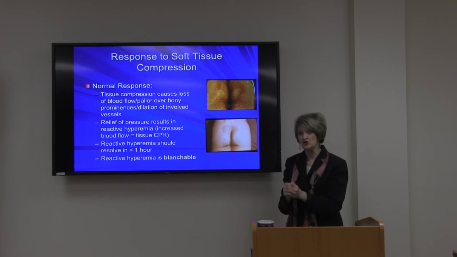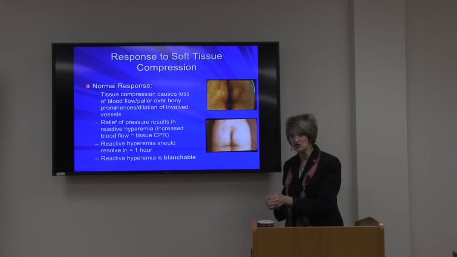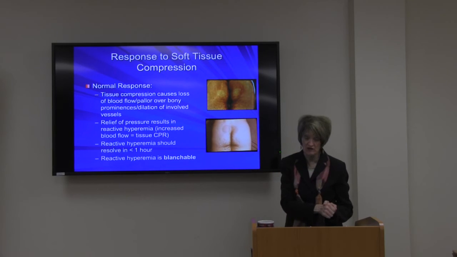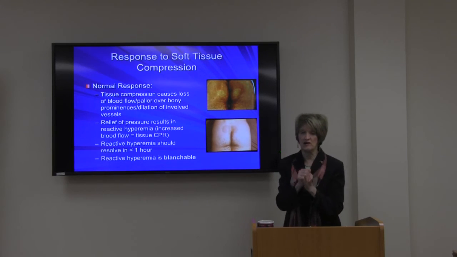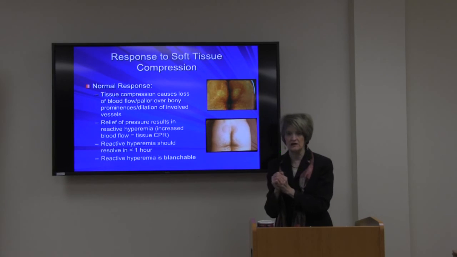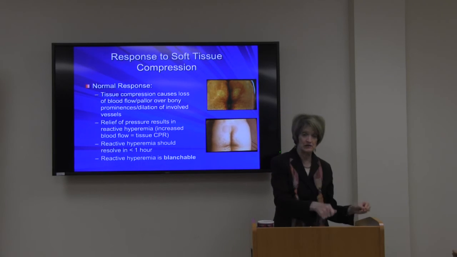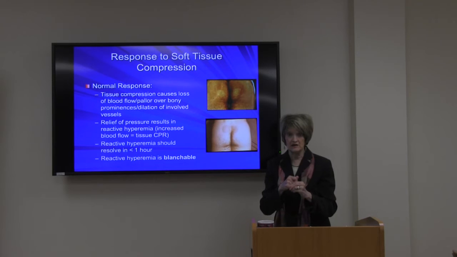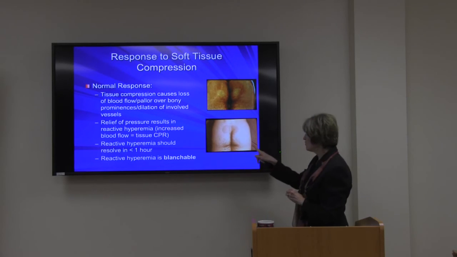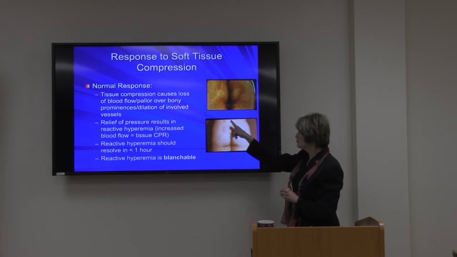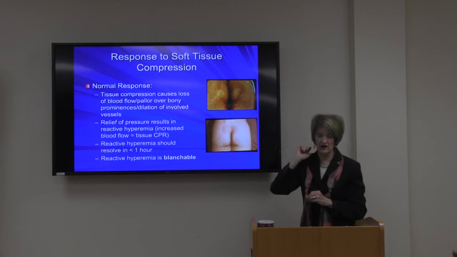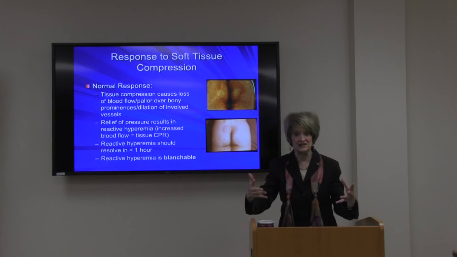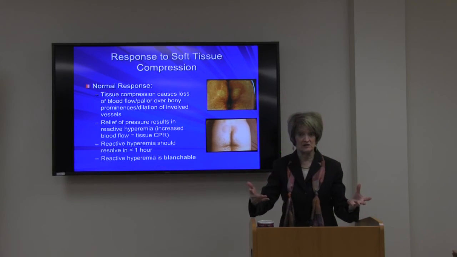But as soon as the pressure is relieved, as soon as you turn the patient off of that area, so you turn me from supine to side-lying, you get me out of the chair and put me back in bed, you can see what happens next. As soon as you relieve the pressure to the area, blood rushes into those dilated vessels.